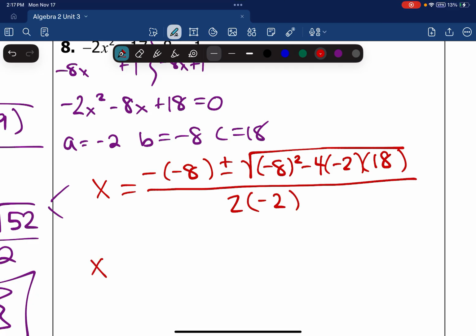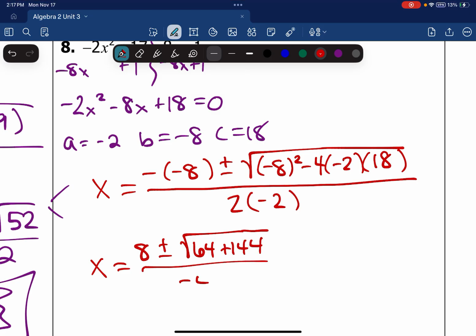Okay, simplifying where we can underneath the radical. So we have a +8 plus or minus 64. -4 times -2 times 18 is a positive 144, all over -4. 8 plus or minus radical 208, all over -4.